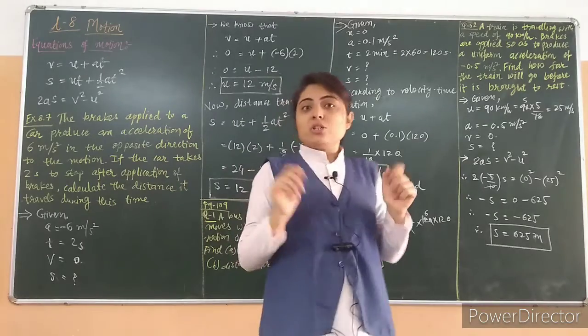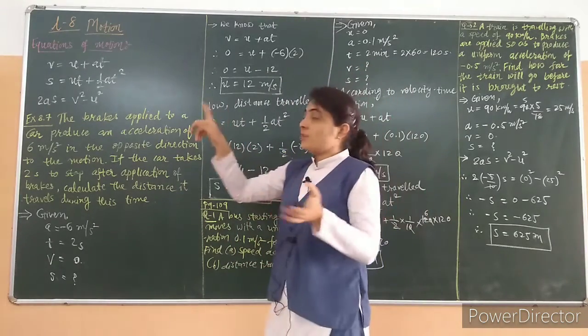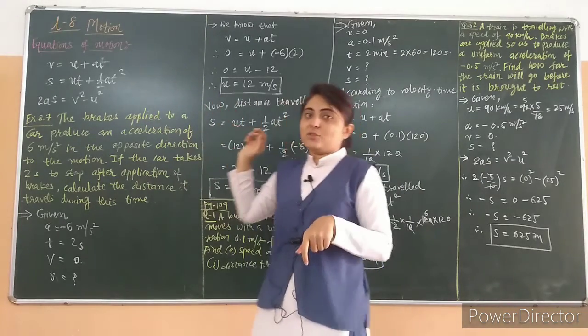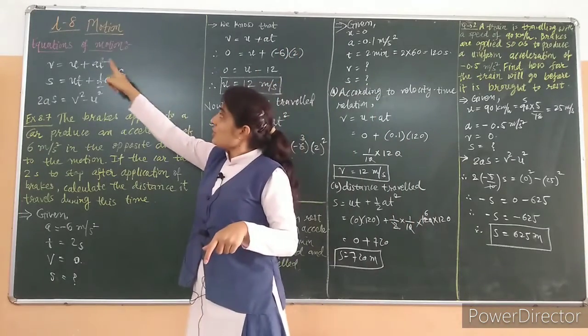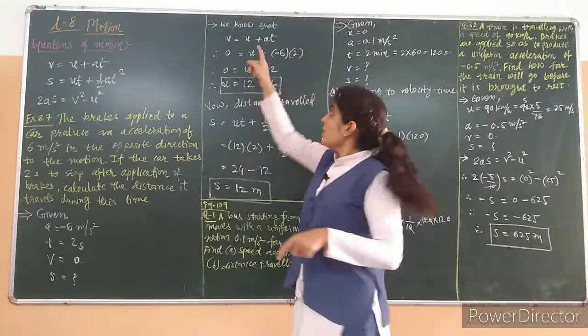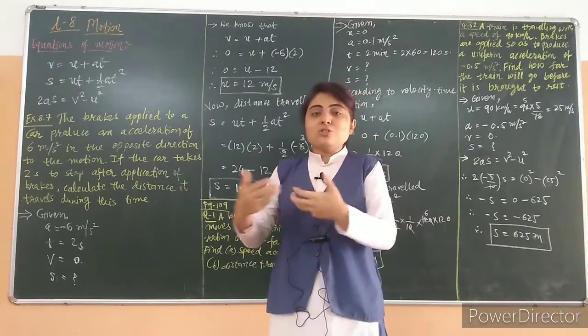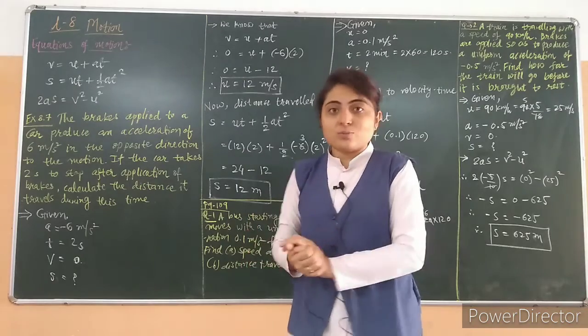So in both equations, u we don't have. First we need to find u, and then that u can be used in the next equation. So we are using the first equation to find u, that is the initial velocity, because we don't know the initial velocity by which the car is moving.